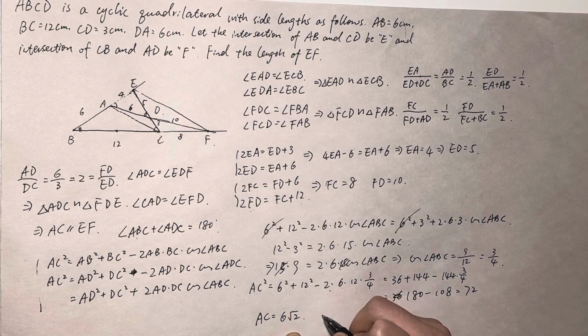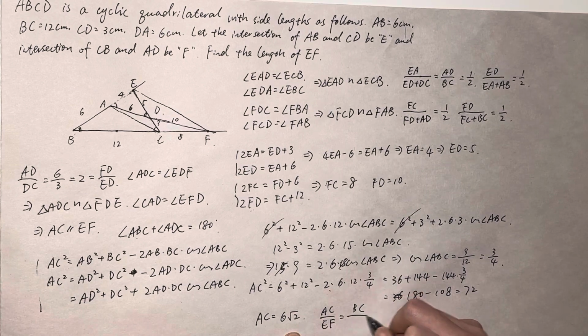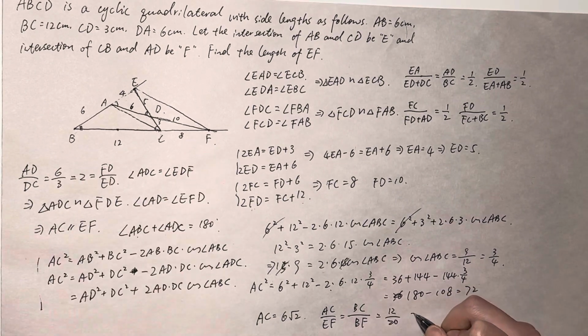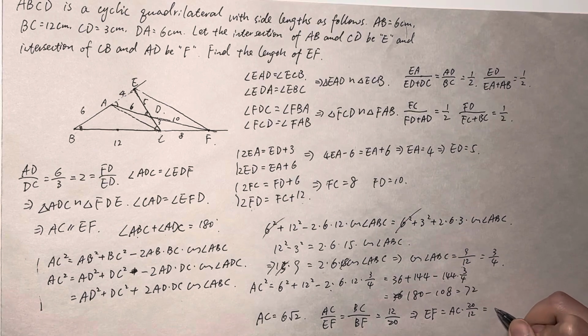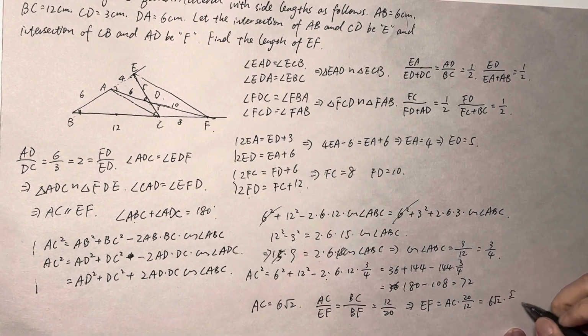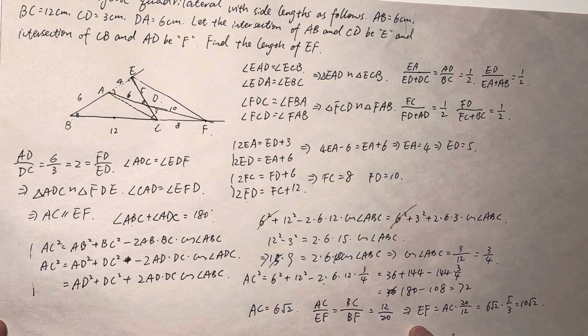And based on this, we know that AC to EF equals BC to BF equals 12 to 20. So EF equals AC times 20 by 12 equals 6 root 2 times 5 by 3, right? That's 10 root 2. Okay, that's the length of EF.